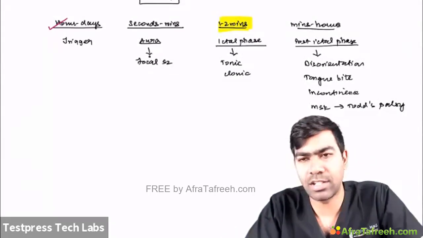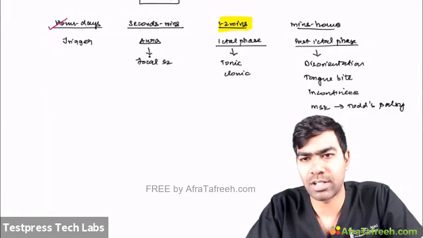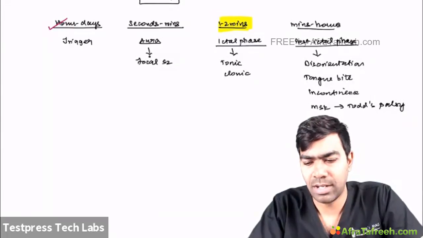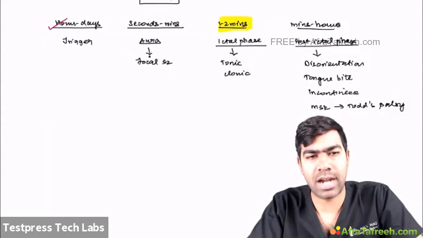In the ensuing minutes to hours they're going to encounter something called a post-ictal phase, where the classic tongue bite, incontinence, disorientation, and muscle weakness start. So that's called a Todd's palsy. Not all seizures will follow the same pattern, but this is how you, at the basic level, typically describe the anatomy of a seizure.